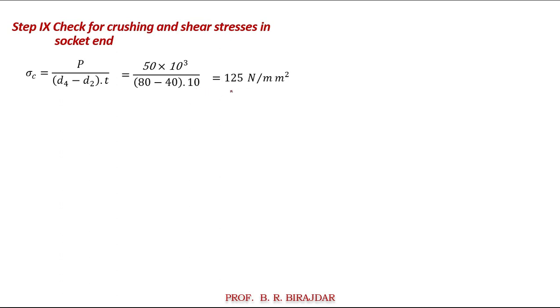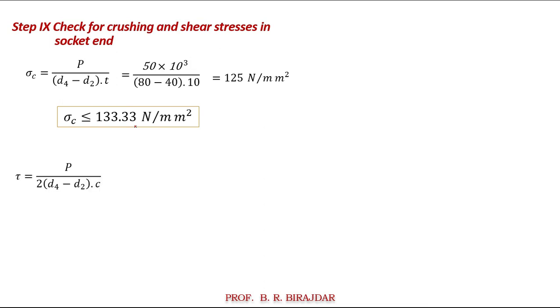Considering that, we will get 125 Newton per mm square. Again, this crushing stress is less than the allowable stress, that is 133.33 Newton per mm square. So again, it is safe. It can work in crushing also.